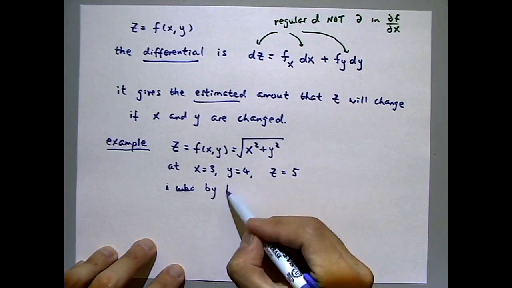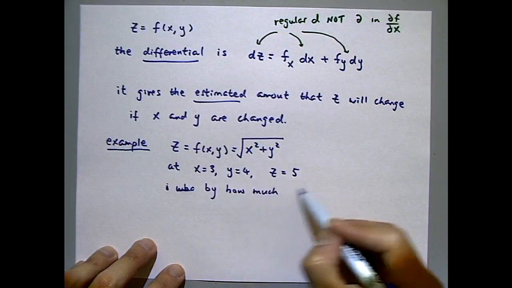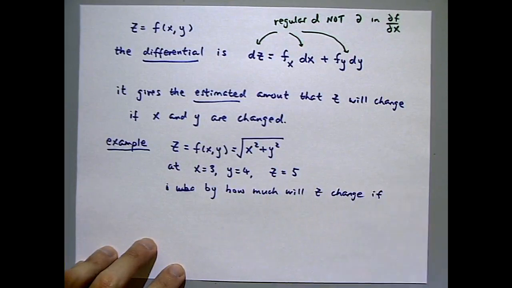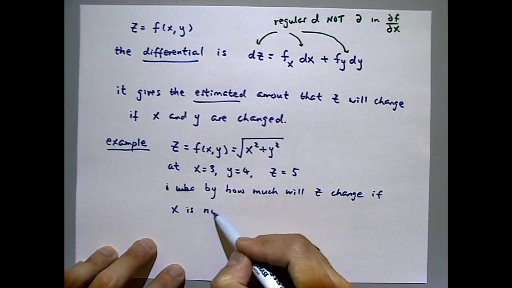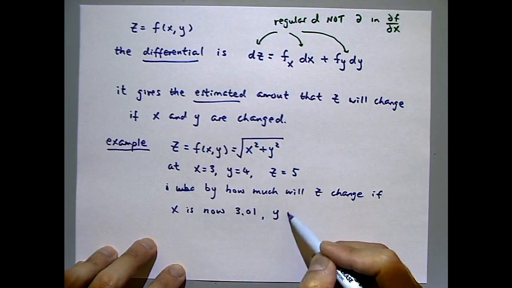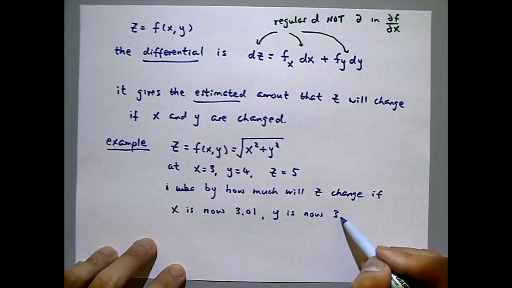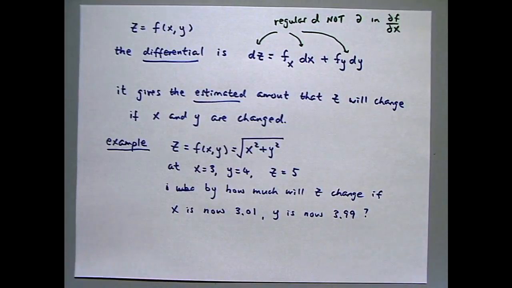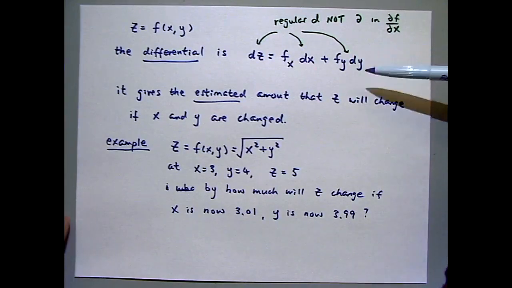Let's say it this way, by how much will z change if x is now the same number we used earlier, 3.01, and y is now 3.99. And we know the answer already, but now we're looking at this from a slightly different perspective. Let's first work with a differential here.